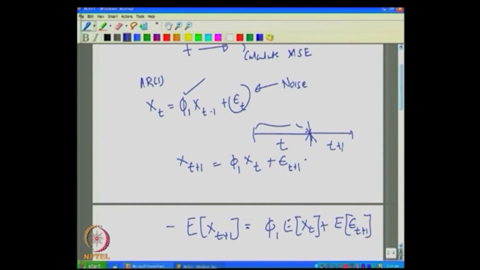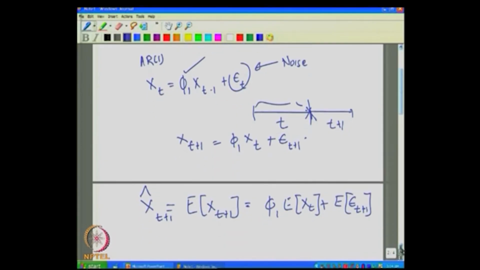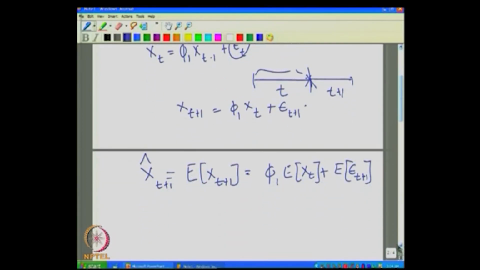Now, this is the forecast and we generally denote the forecast by putting a cap on that variable. So, x t plus 1 cap, which is the forecast for the time period t plus 1, is equal to phi 1 expected value of x t plus expected value of epsilon t plus 1.